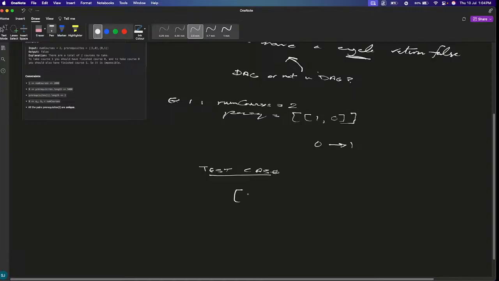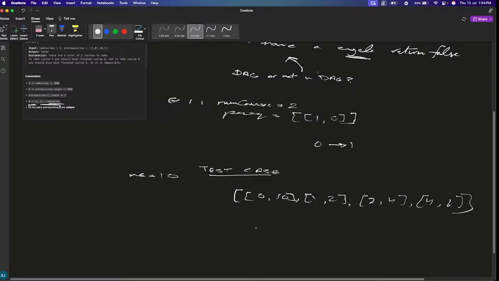So your test cases could go like this. One thing to take care of is the number of courses. So say the number of courses was 10. I could have 0 10, and then I could have this and that. So I could have 0 10, 1 2, 2 4, 4 6.